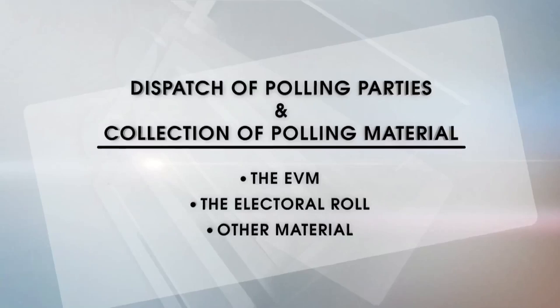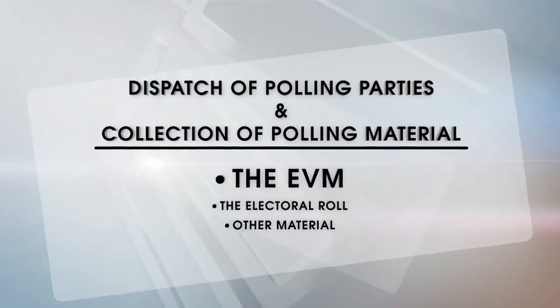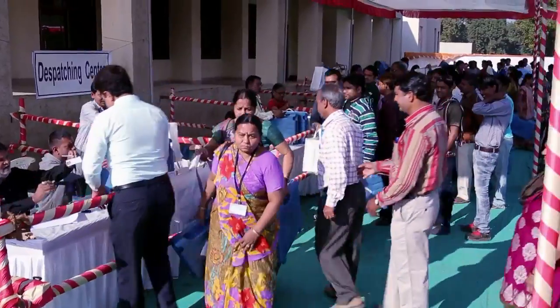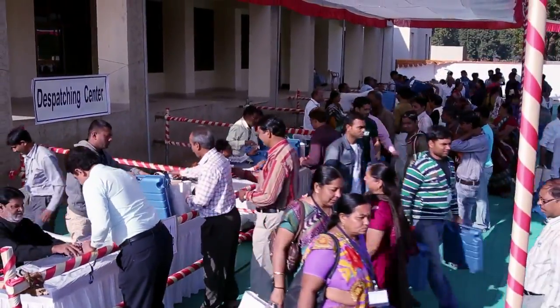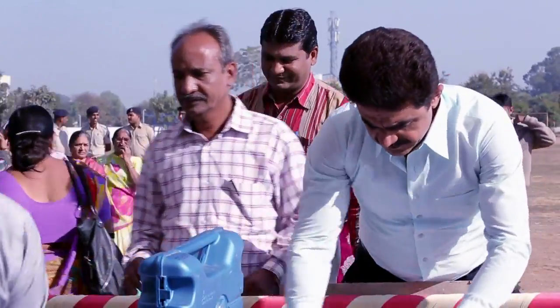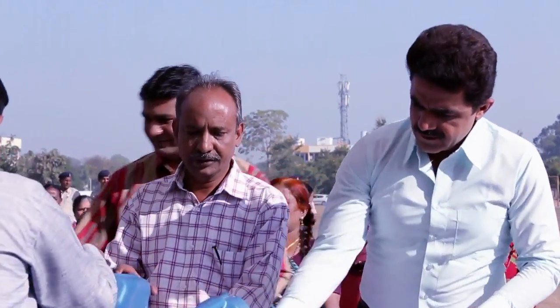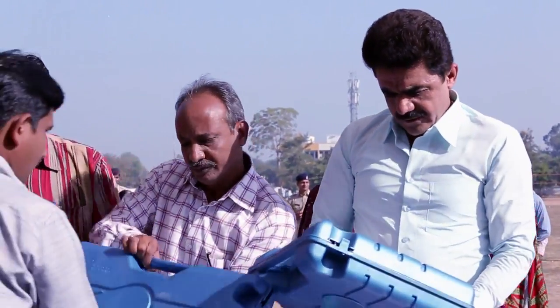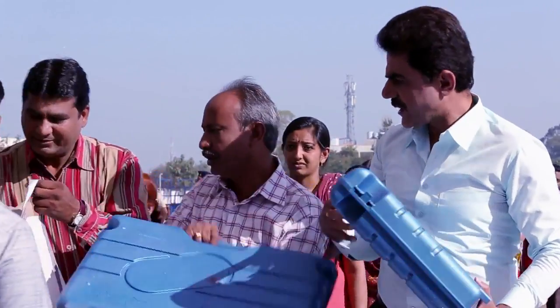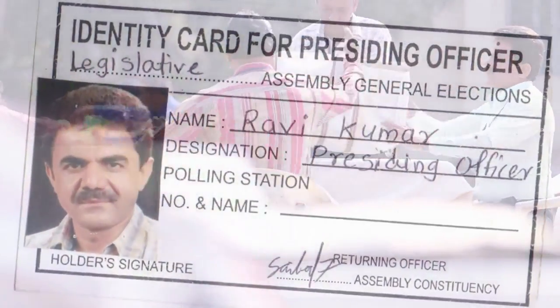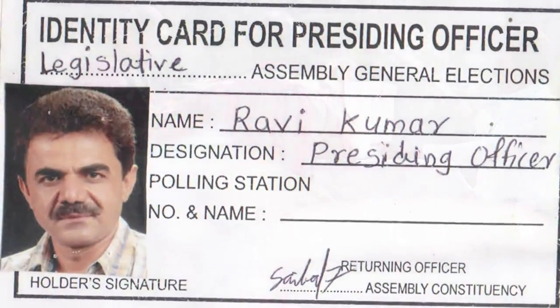Dispatch of polling parties and collection of polling material. The EVM. At least a day before the polls, collect the polling materials. Ravi and his team have been issued photo identity cards.